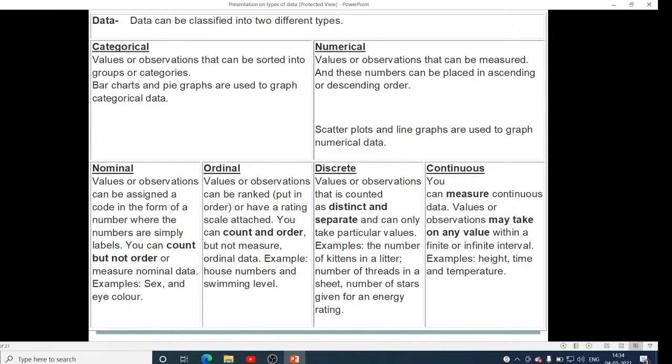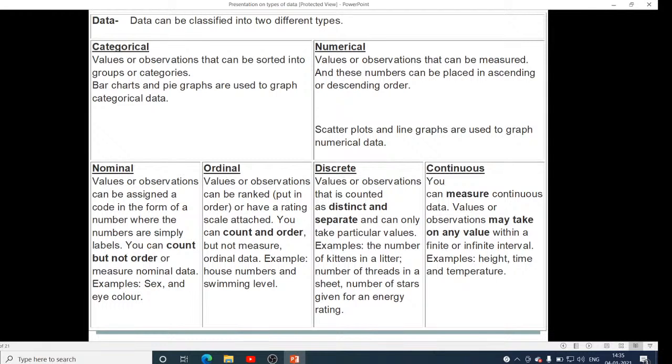Continuous data was already explained in the previous slide. We can describe it with intervals, class intervals. You can measure continuous data. Values or observations may take any value within a finite or infinite interval. Already explained: a 20-gallon tank, we fill from 0 to 20, or 8.4 gallons, 8.412, with decimal values also.